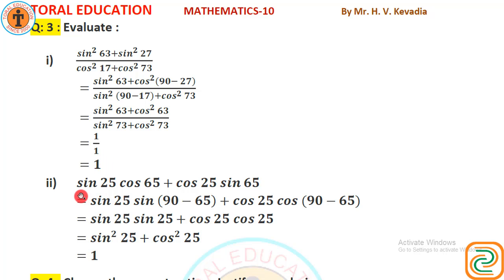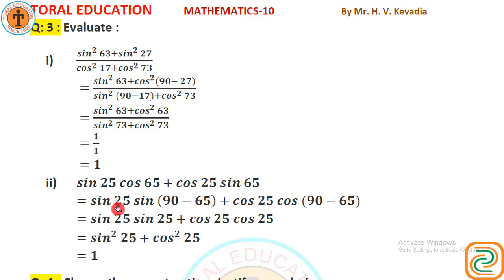Question number 2 in the third. Sin 25 cos 65 plus cos 25 sin 65. So I have converted this cos into sin. Sin 25 cos 65, that means sin 90 minus 65. Cos 25 sin 65, that means cos 90 minus 65.